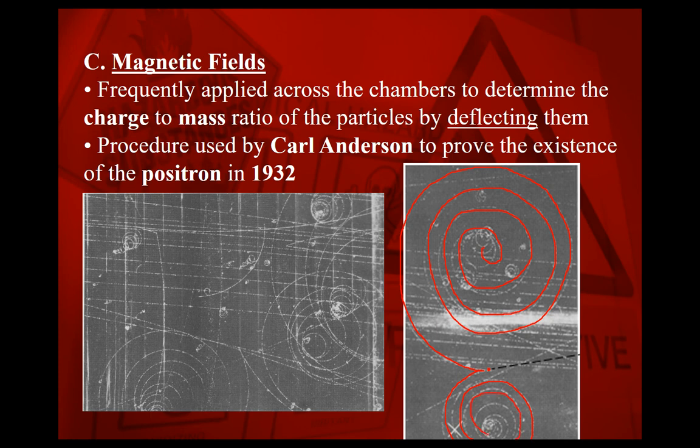I'm not tracing it exactly. So we're getting two spirals, which means in this situation, you've actually created two subatomic particles.